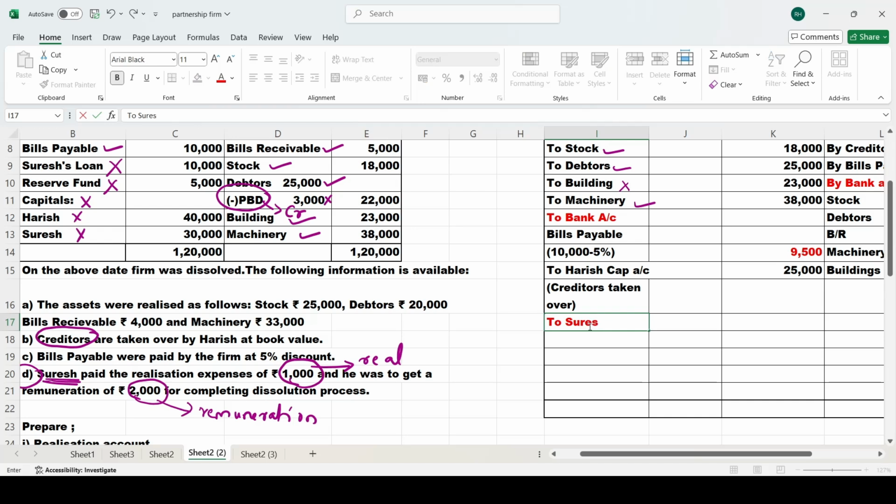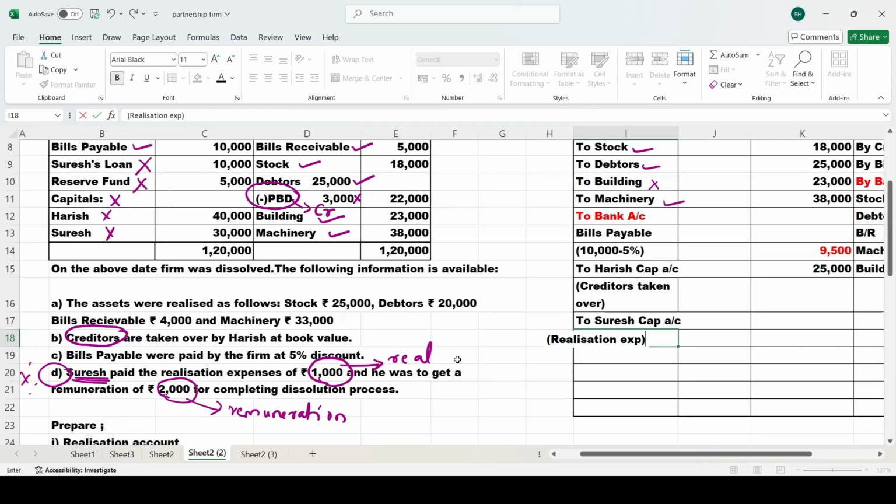To Suresh capital account. In the bracket, we'll just mention it as realization expenses.